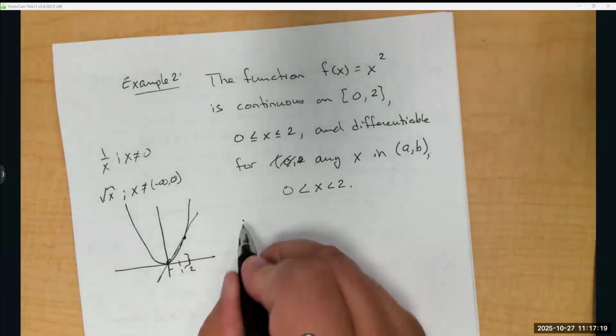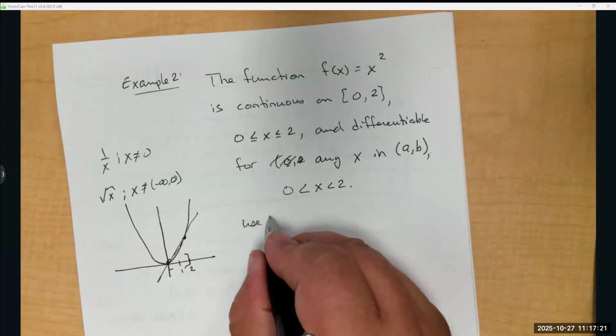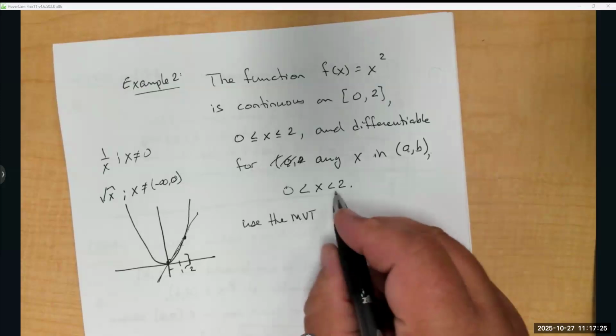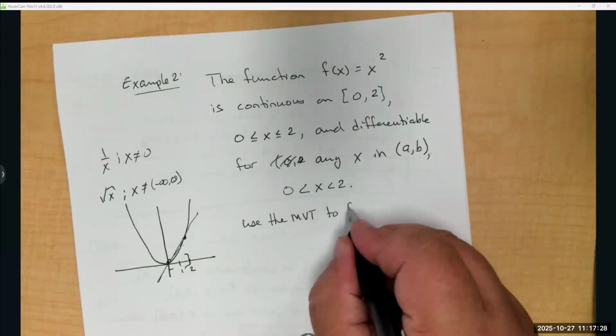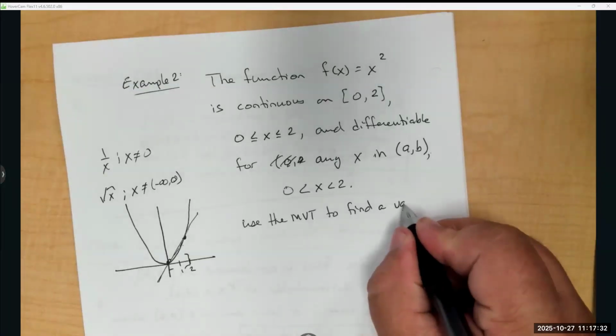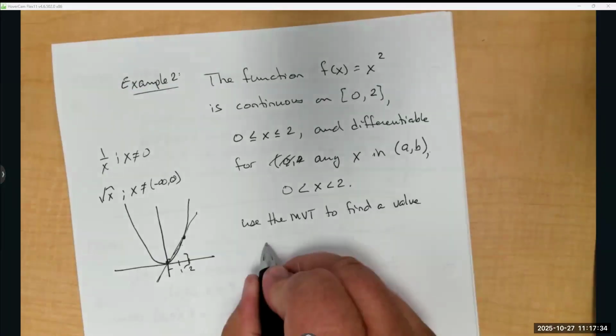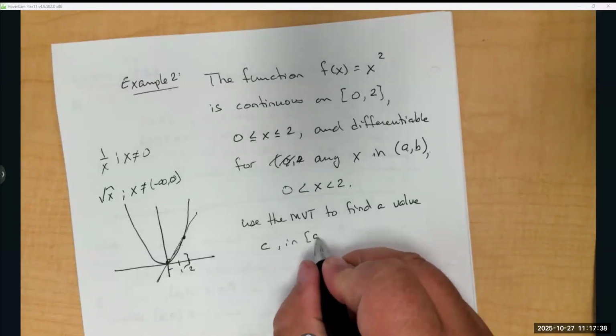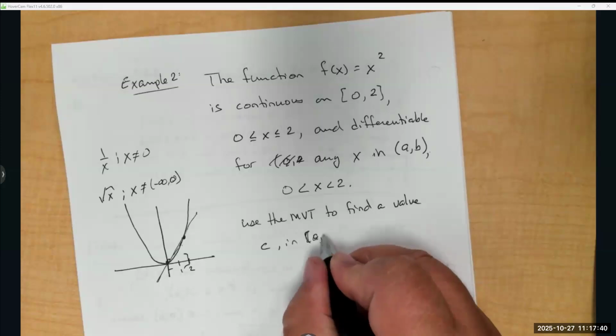So here's what I want you to do. Use the mean value theorem to find a value C in the open interval AB.